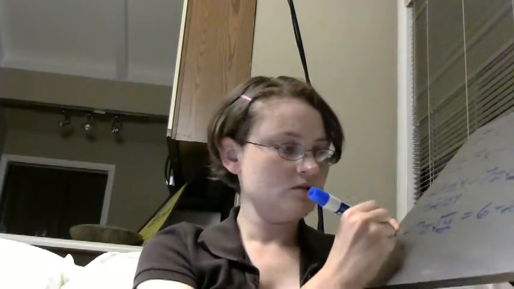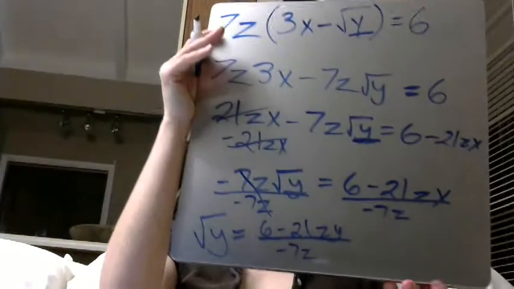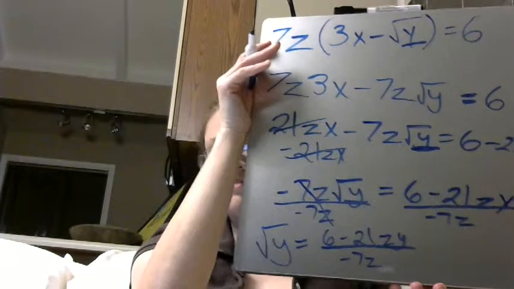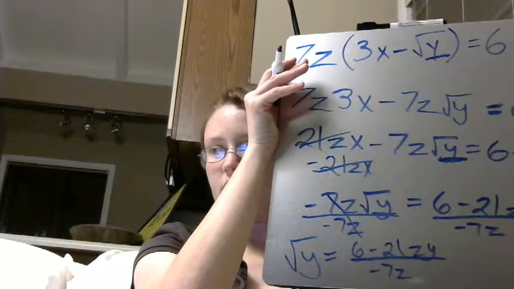So divide both sides by minus 7z. We're left with square root of y equals (6 minus 21zx) over minus 7z. All we did was divide by minus 7z on both sides.